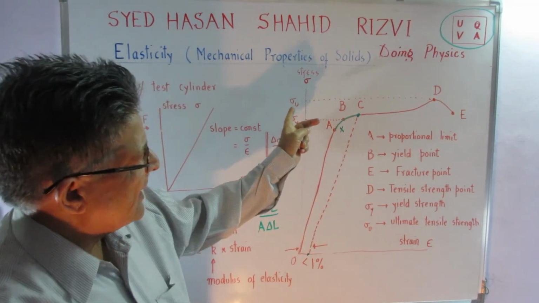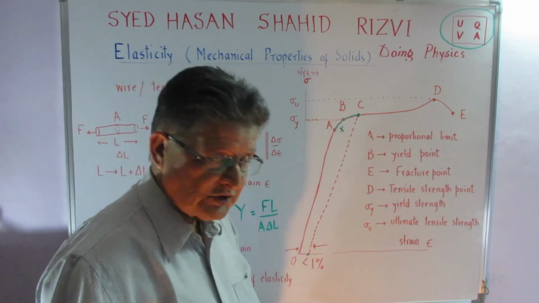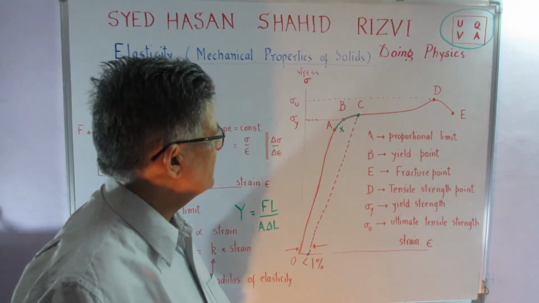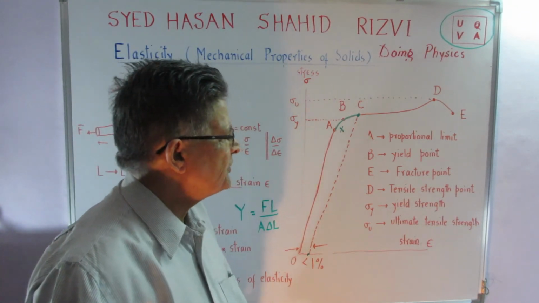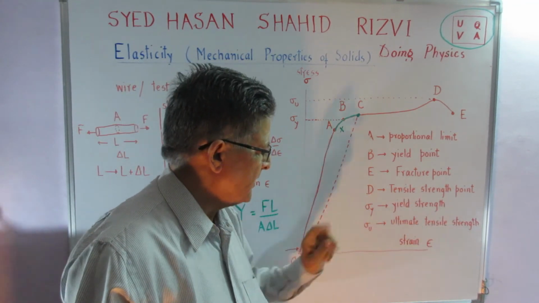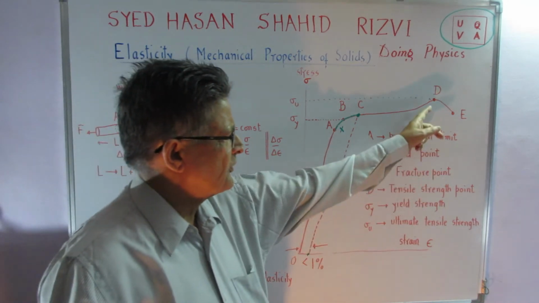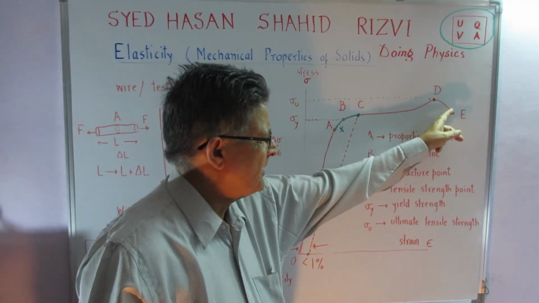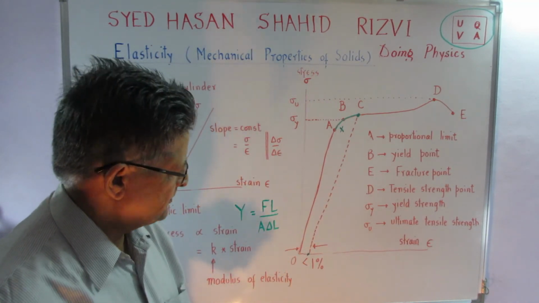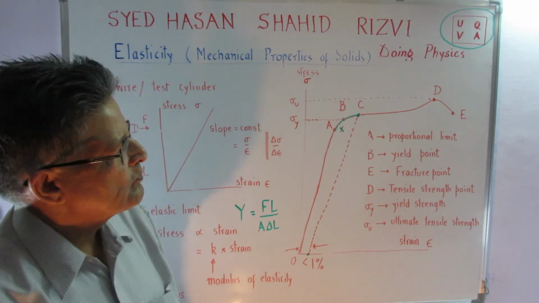The maximum that we can apply to the system before it gives in is called sigma u, which is the ultimate tensile strength. U for ultimate. And after that, at the point E, it can be somewhere here, the system fractures, breaks.